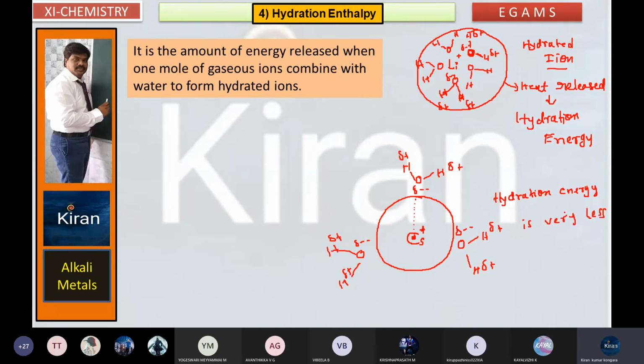In this group, which ion has more hydration energy? Absolutely, you can say lithium ion hydration energy is high.